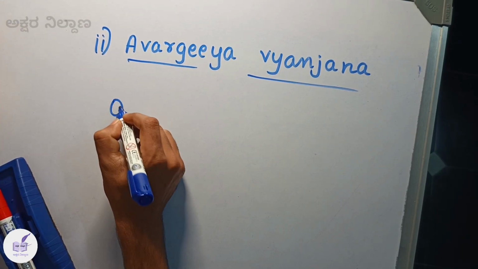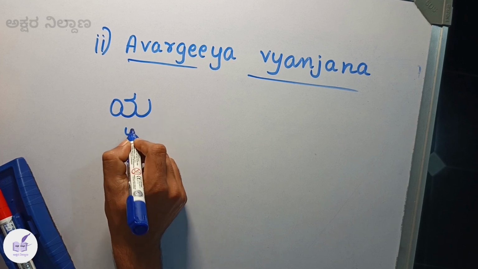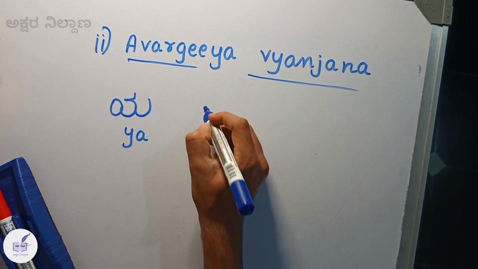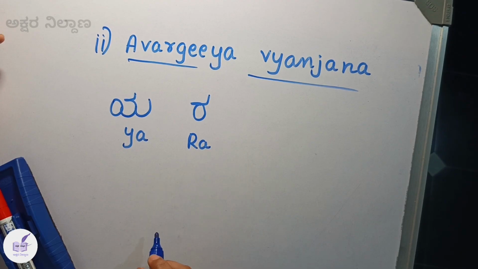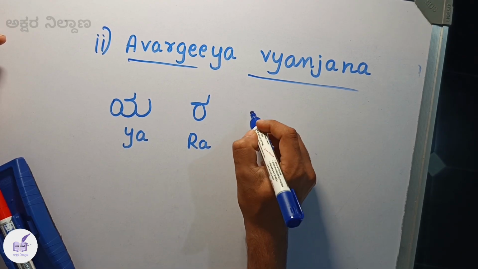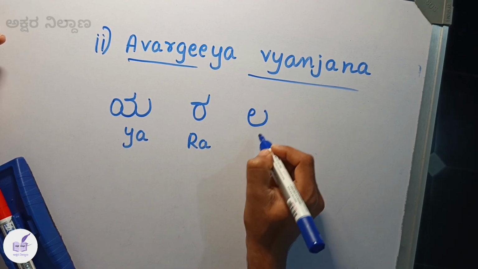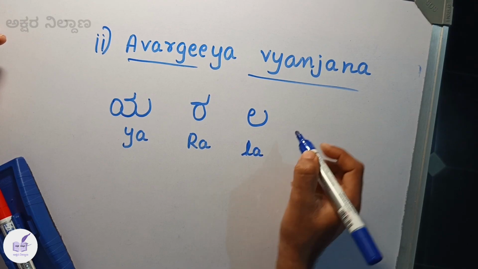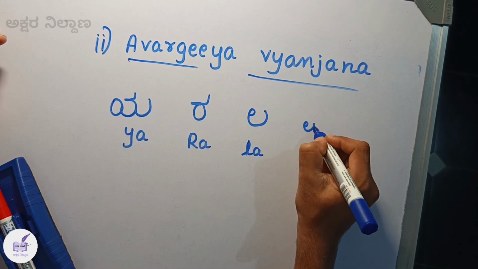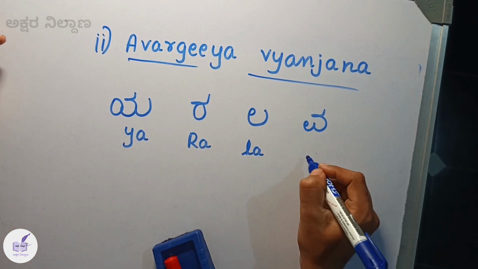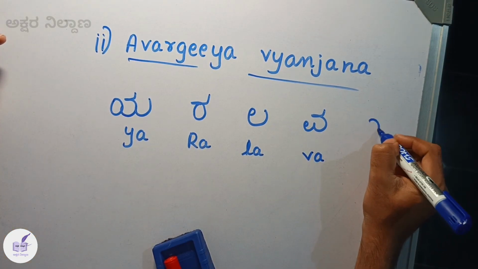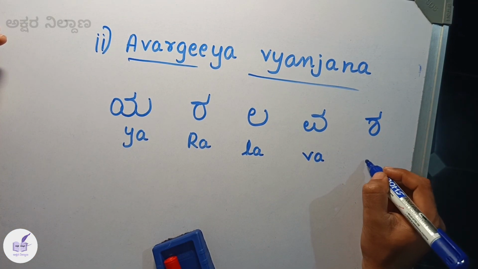The first letter is Ya. Next, Ra. Next, La. Next, Va. Next, Sha.